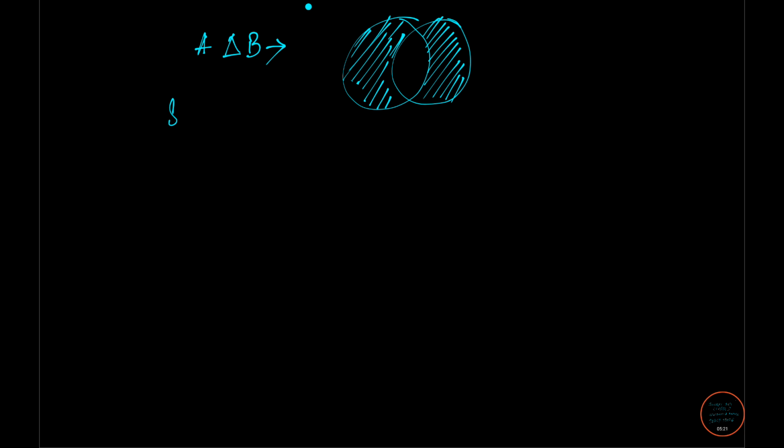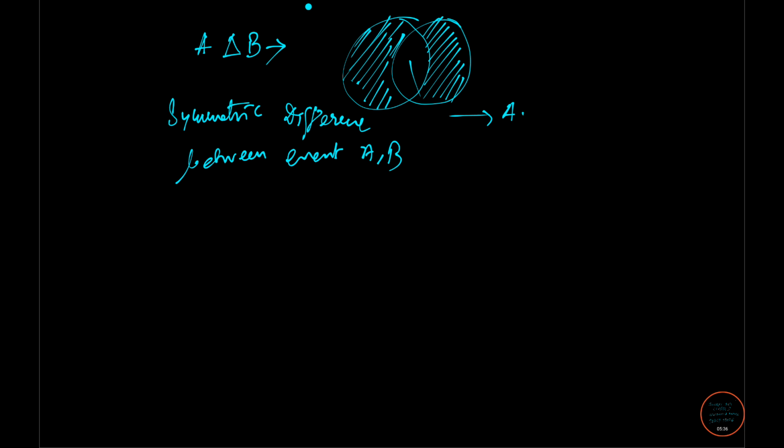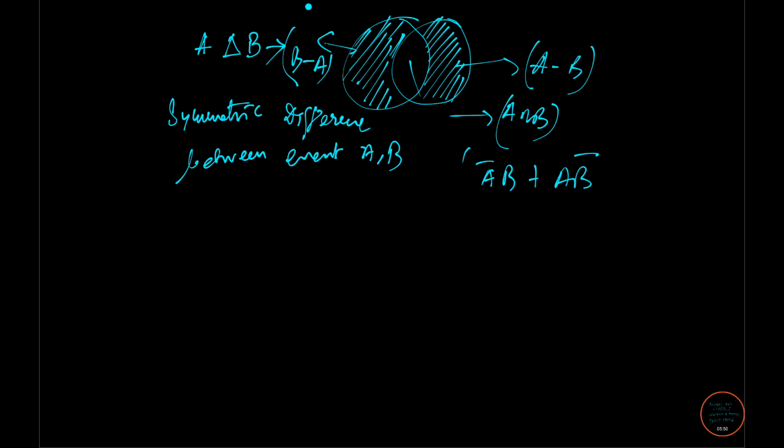This has a name, and that is symmetric difference. Events A and B. Remember that this part is A minus the intersection with B. This part only is A minus B. This part is B minus A. I'm taking both. So A minus B plus B minus A. That's it. And simply you can see it's a disjoint set.